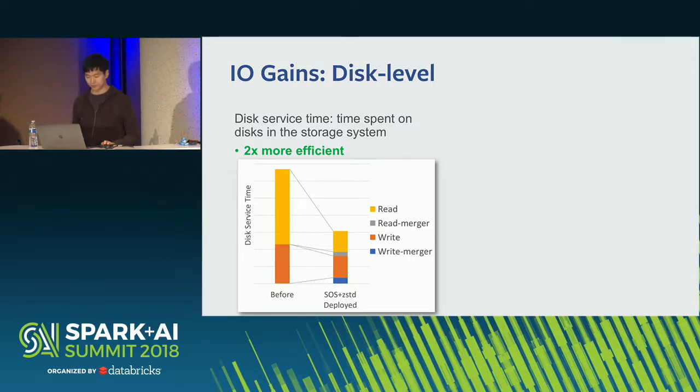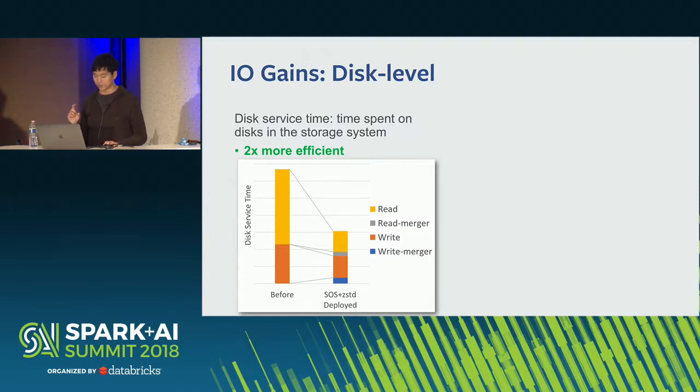After we deploy, we see that the disk service time actually is 2x more efficient, which is a huge win for us. And you can see the breakdown. You can see that because we're essentially targeting the shuffle workload, our read has decreased by a lot.